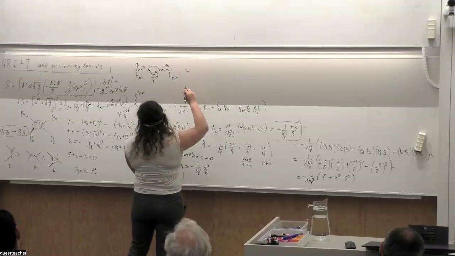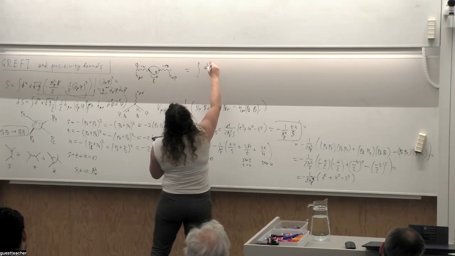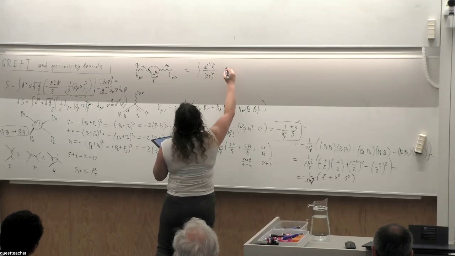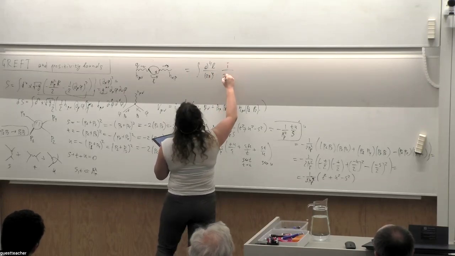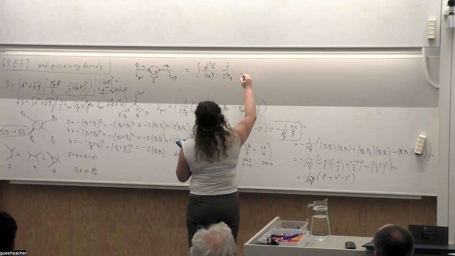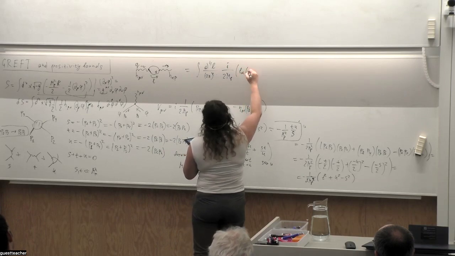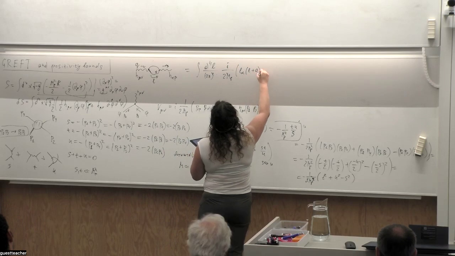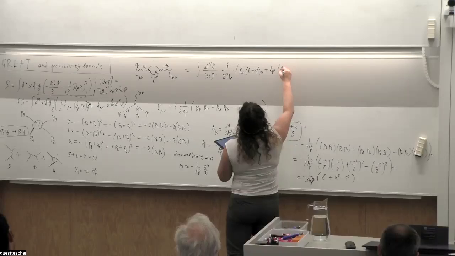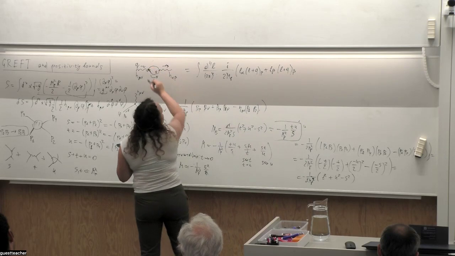So this matrix element will be proportional to the integral over momentum L over 2 pi squared. I'm writing one of these vertices.